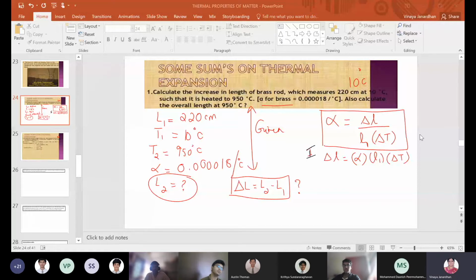I can't see Austin. Austin, switch on your camera. Calculate at least delta L, can you find?